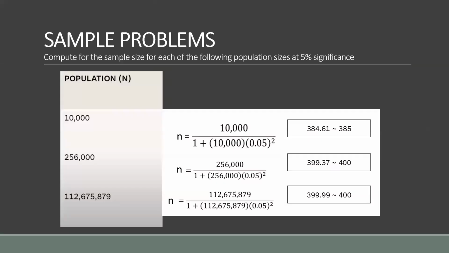So let us compute the sample size for each of the following population sizes given a 5% significance or margin of error. The first population that we have over here is 10,000. What we are determining here is again small letter n, which represents your sample size.